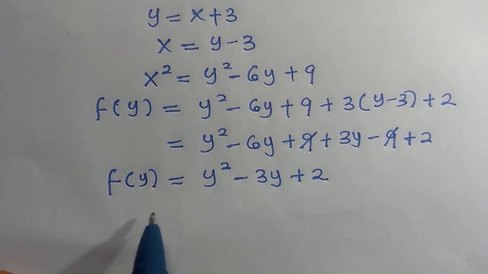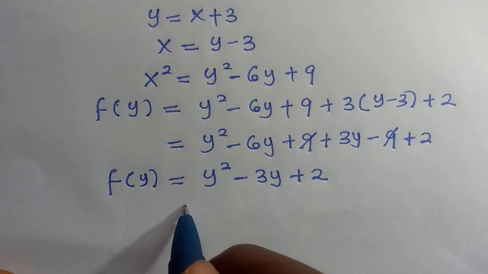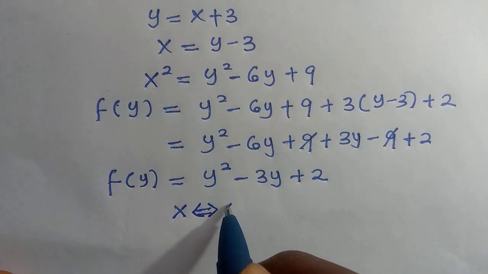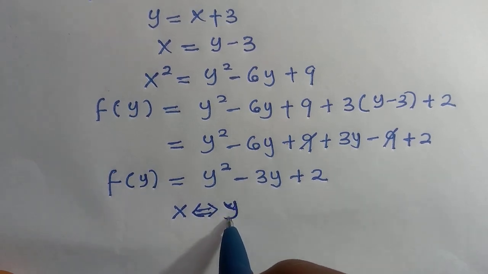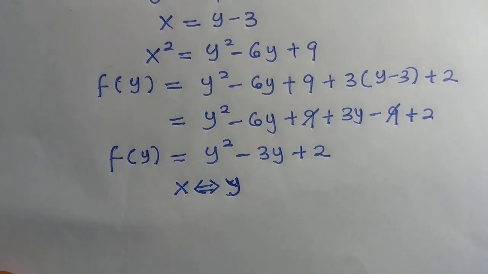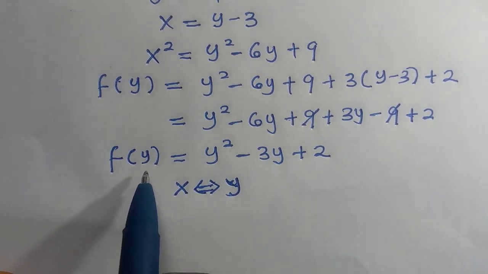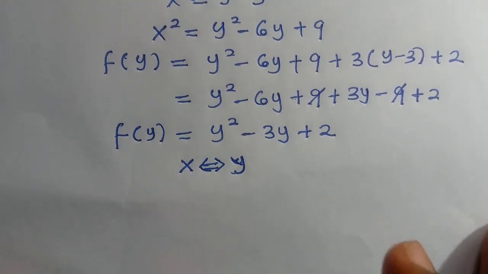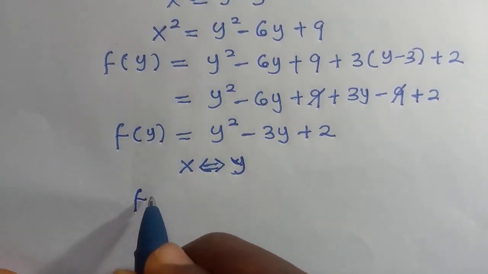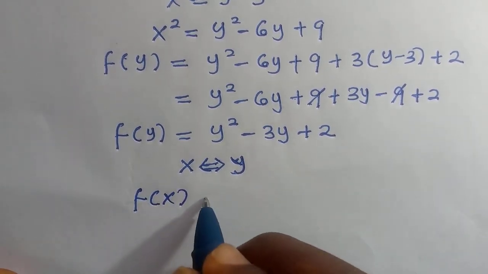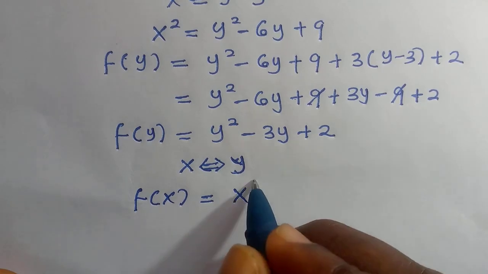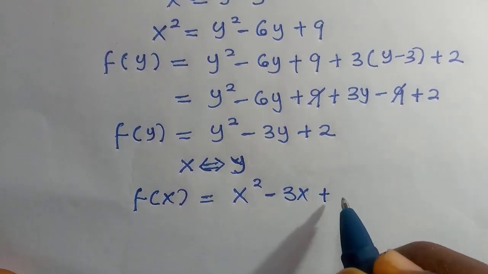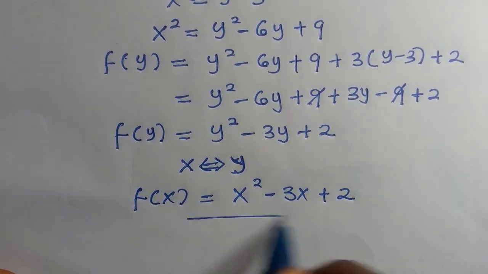Again, what we need is x, but here x and y are members of the real numbers. So we can just switch x in place of y. And we get the result as f of x equals x squared minus 3x plus 2, as it requires.